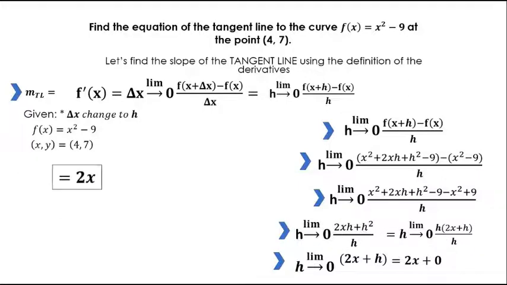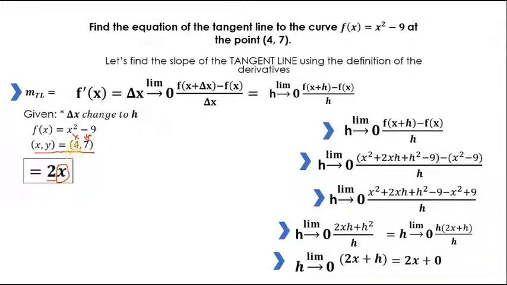Take note that beside the 2 here, we have variable x. And going back, we have this point, 4, 7. We believe that 4 here is our x, in the ordered pair x, y, where y is equal to 7.